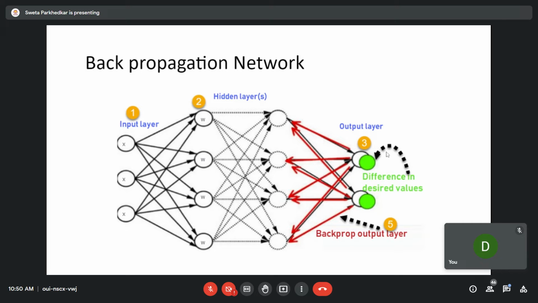So the input from the output layer goes as an input to the hidden layer. So whatever processing is done in this hidden layer, again, if there is a difference between the desired output and the actual output, then again it goes back to the earlier hidden layer.